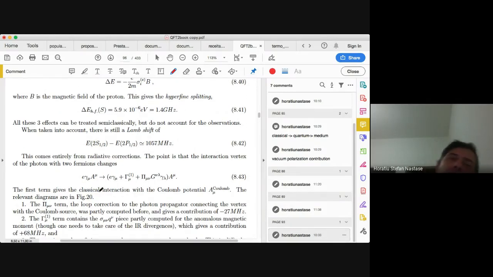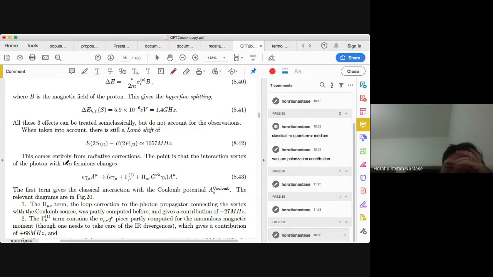And there was no way to calculate this shift between the energy levels 2s1/2 and 2p1/2 from semi-classical quantum mechanics.